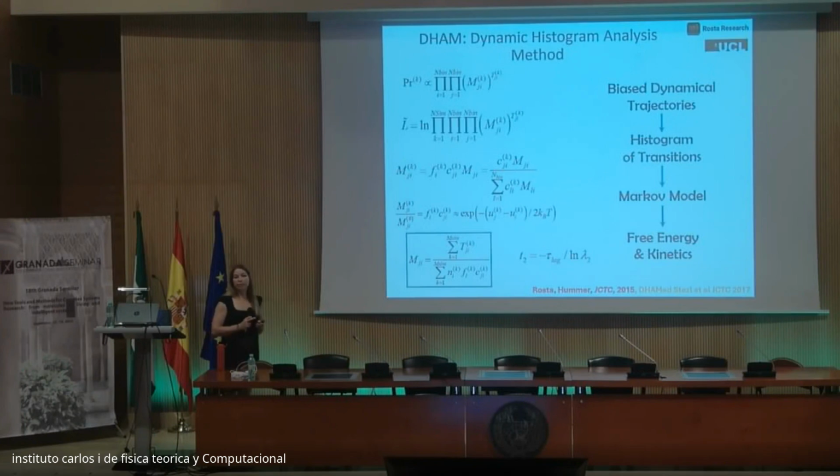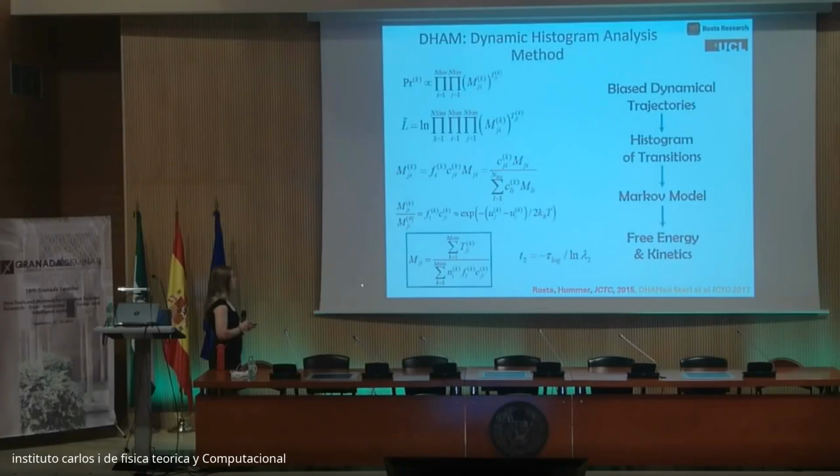So instead of building histograms of how many times we have an event in a bin, it would be a histogram of transitions, how many times we jump from one bin to another. And so that would be our biased transition probabilities. Then to relate that to our unbiased transition probability, we use this approximation, which is valid for very short times, where we use here our bias in bins i and j.